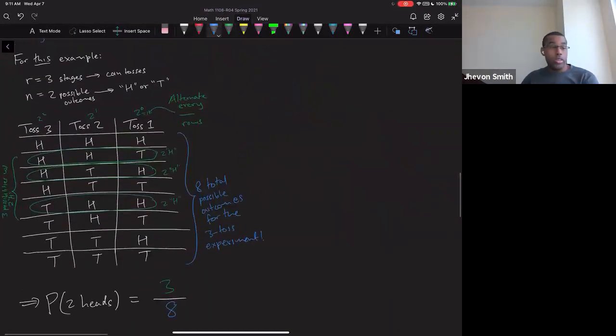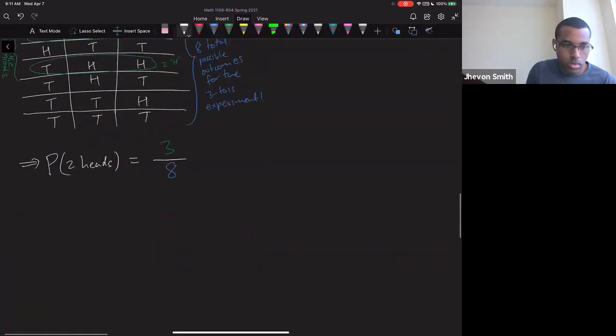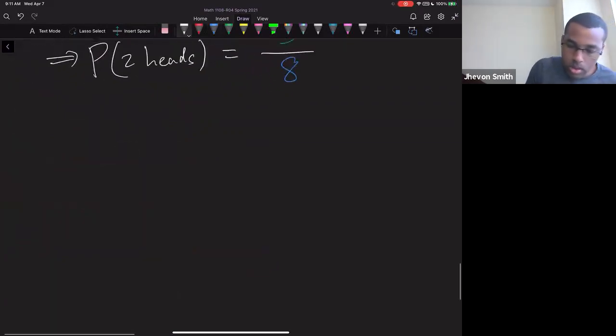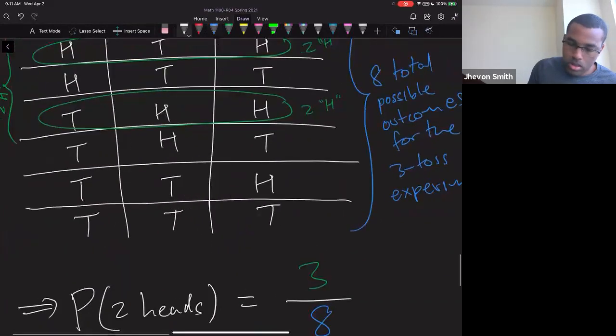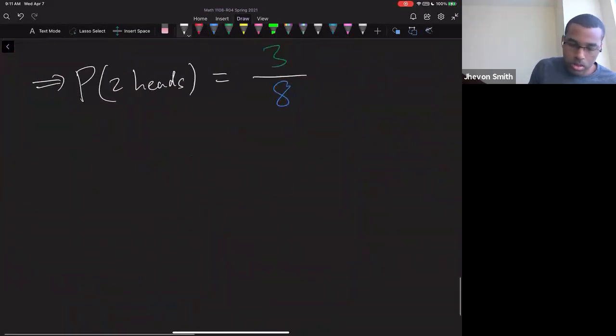And I can do that from figuring out the table. Another thing that we can do, so that's how you would figure it out from a table. Let's talk about tree diagrams.